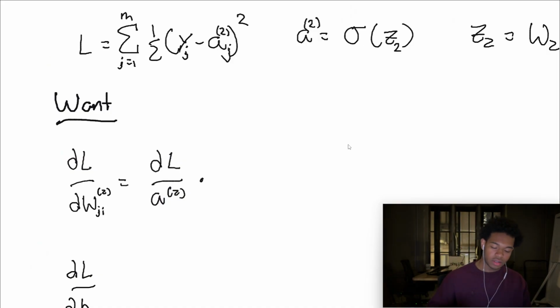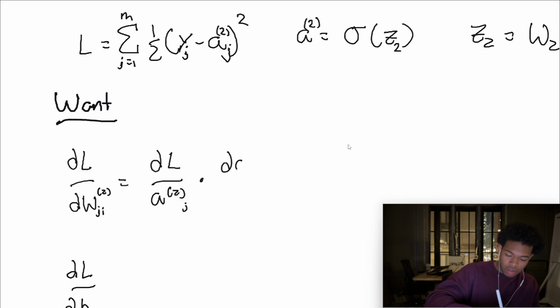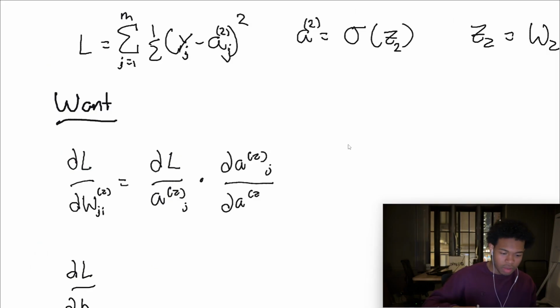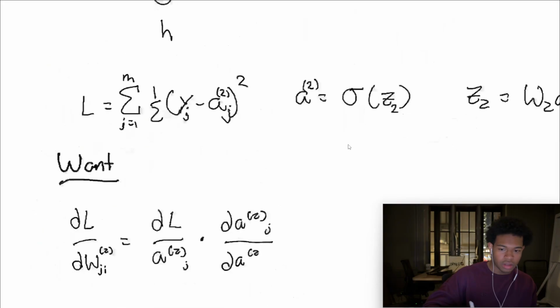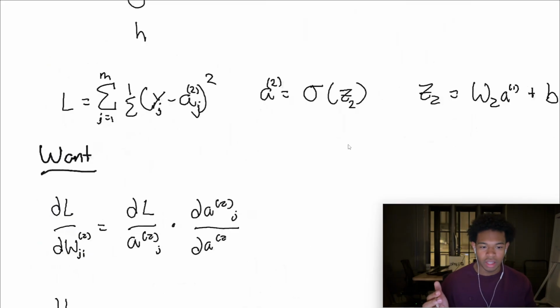It is J times partial A2 J over partial A. No. You guys can't see what I just did, but it's very bad. Oh my goodness. I feel like my writing hasn't been that out of sync.